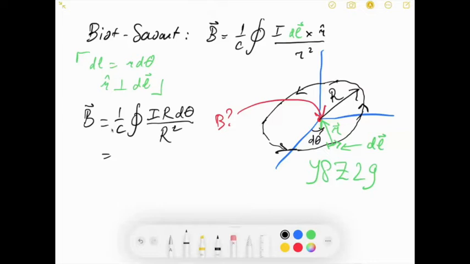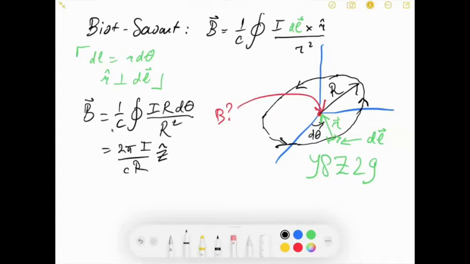Now none of these things depend on theta, so we just pick up a 2 pi. So we get 2 pi I over C R. And then the direction is in the positive Z direction, which you can verify with the right-hand rule, but you can also find from our cross product.